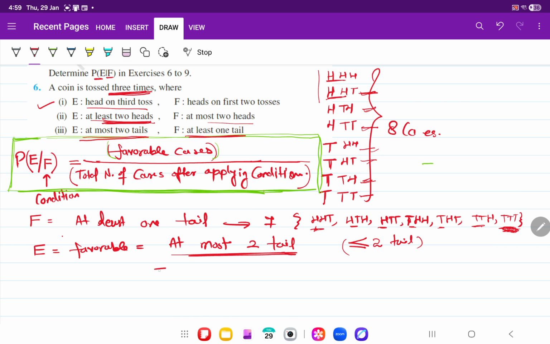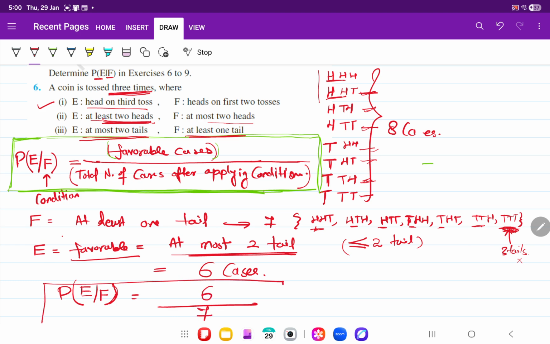So total favorable cases will be 6 cases. And this is not allowed because here there are 3 tails. So this is not favorable. Correct? So what will be the probability of E when F has happened? F is the total cases selected after the condition, which are 7, and out of that favorable is 6. So this is the answer.